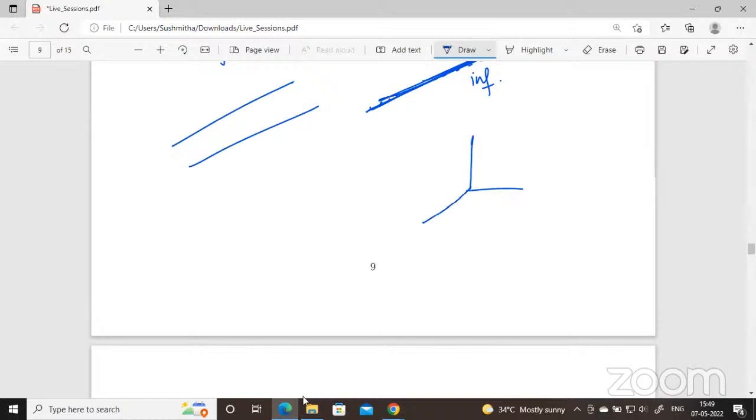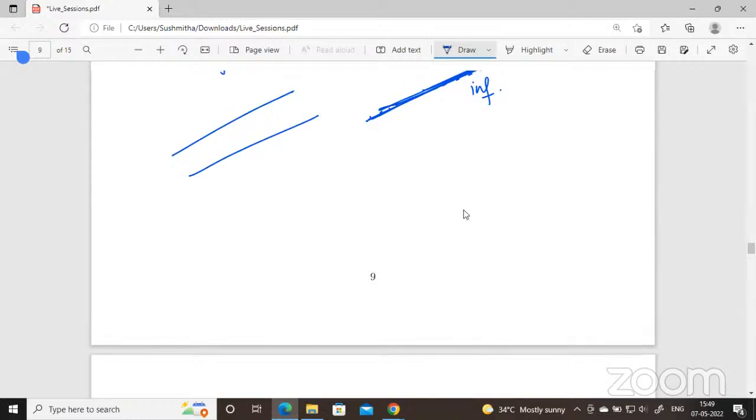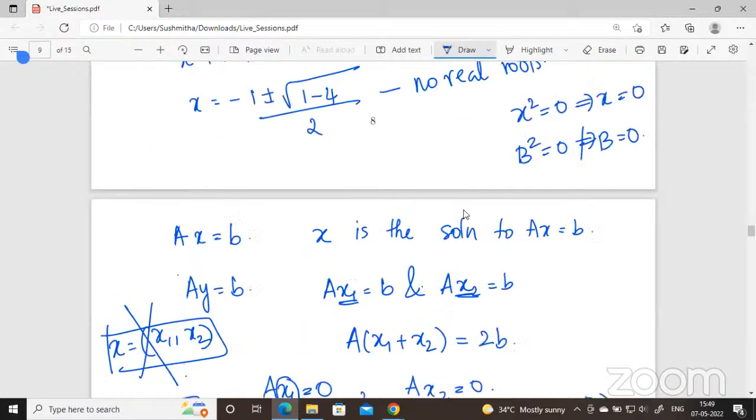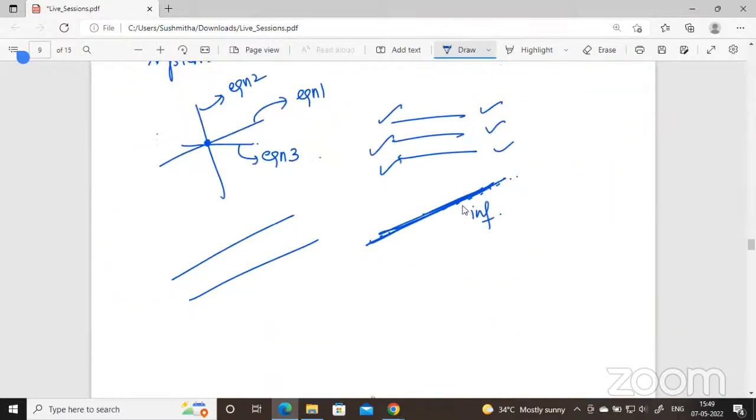So in that case, there would be only one unique solution? Yes. 2 lines are overlapping, and the 3rd one is intersecting at one point. Yeah, there'll be a unique solution.